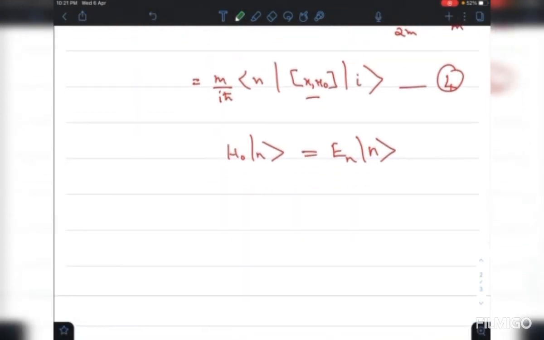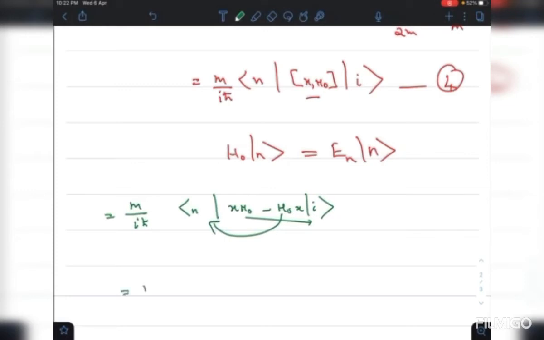Now expanding this, we have m i h cross, okay, n x H0 minus H0 x i. So you know, we have H0 acting on this bra, okay, and this H0 acts on the ket. So how will this look like?